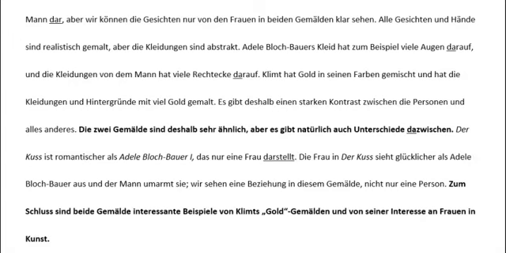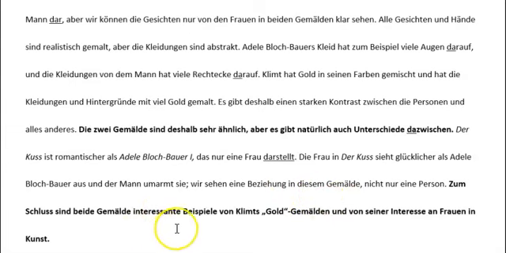Die Frau in der Kuss sieht glücklicher als Adele Bloch-Bauer aus, und der Mann umarmt sie. Wir sehen eine Beziehung. We see a relationship. That's Beziehung, a relationship. In diesem Gemälde, nicht nur eine Person. That seemed to be a big difference between them, right? A few of you pointed this out, that this was a more romantic painting. There was more going on. There's two people.